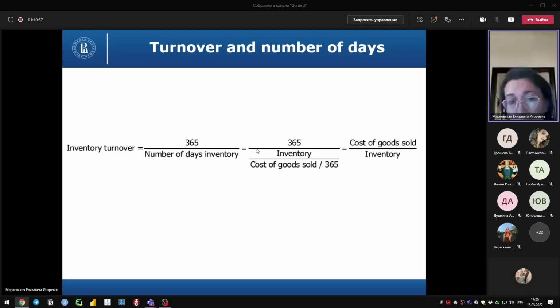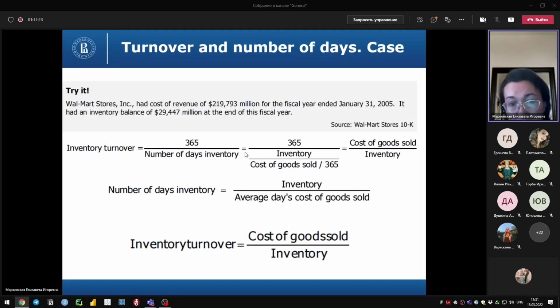So this is the relation again in formulas, inventory turnover. We can calculate it in number of days, and as an indicator, as a ratio, just ratio.